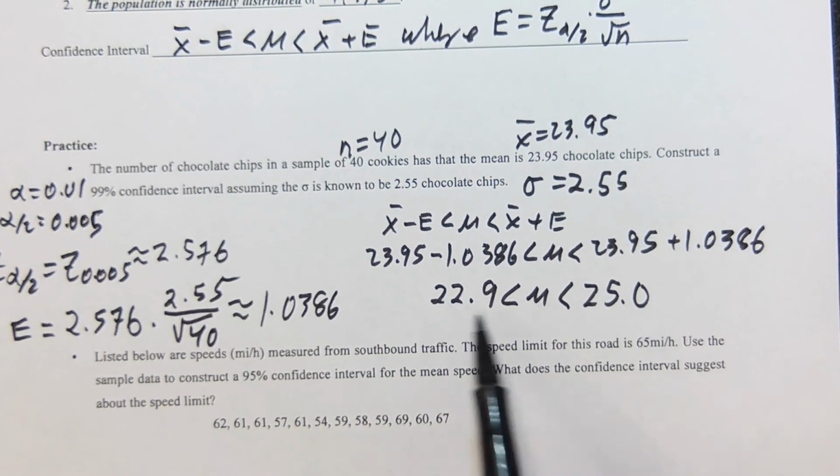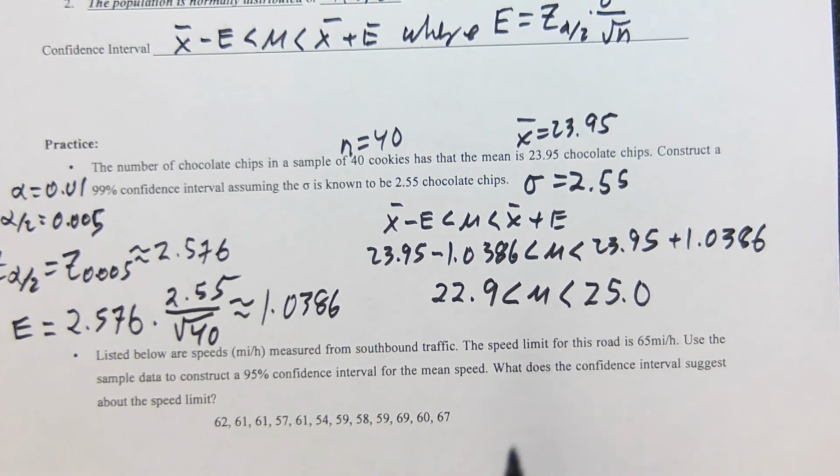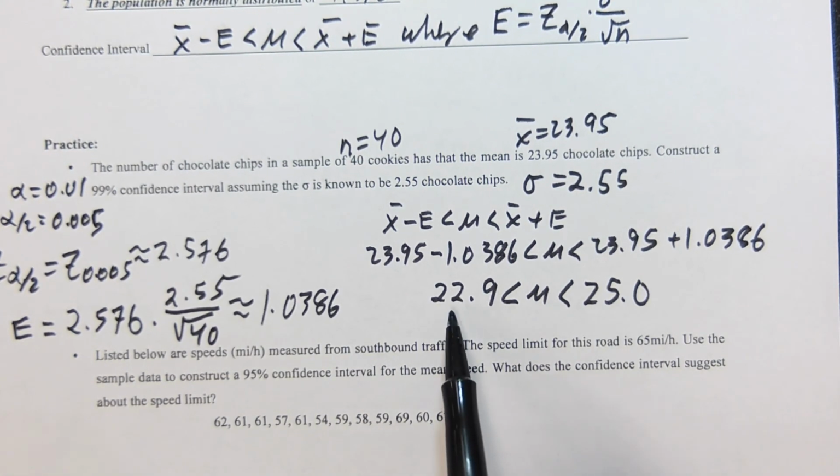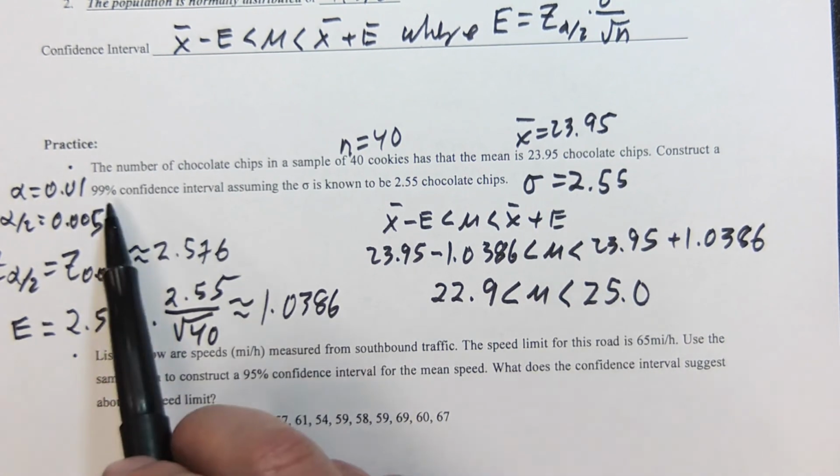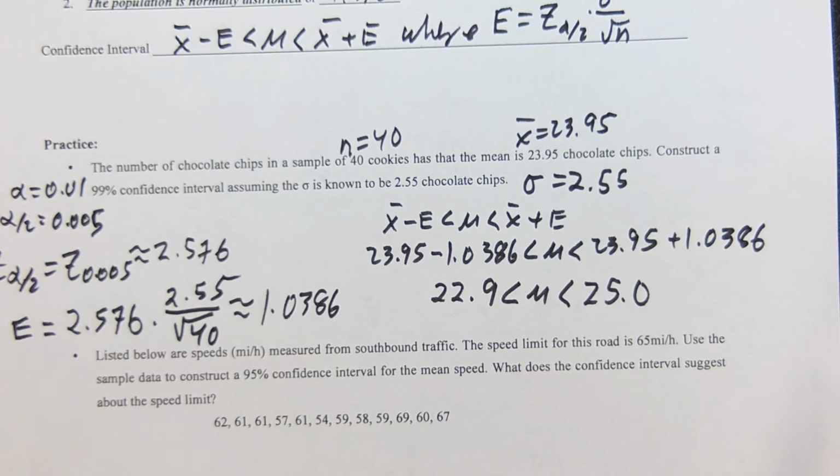So the true mean of the number of chocolate chips on these cookies is going to be somewhere between 22.9 and 25 chips per cookie, and I am 99% confident that the true mean is in there somewhere.